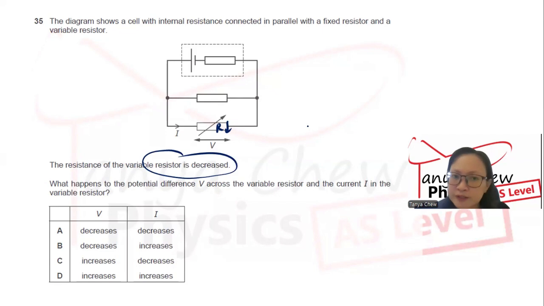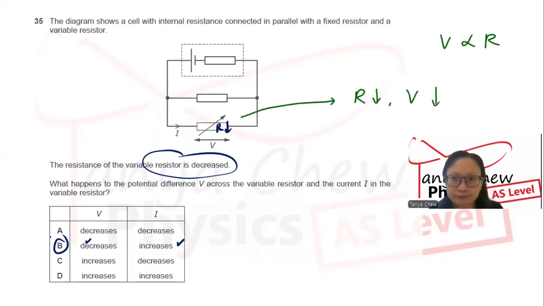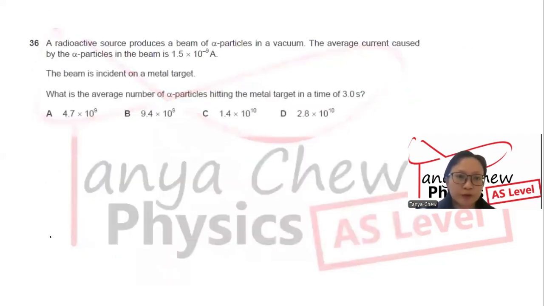So you know that resistance and current are opposite of each other. So if the resistance is decreased, the current must increase. But the potential difference and the resistance are directly proportional to each other. So when the resistance decreases, the V will have to decrease as well. B is the answer.